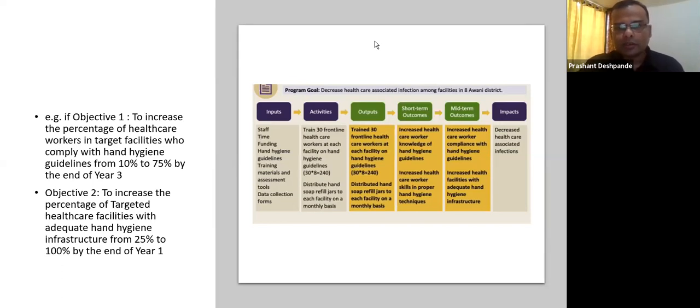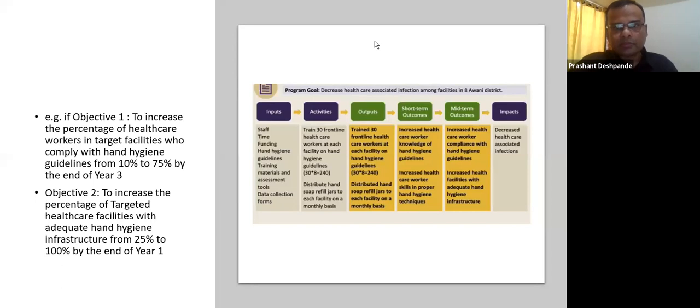Distributed soap refill jars. So will it go under objective 1 or objective 2? Yes. So Nazmin is saying 2. Because our objective is to equip those facilities with adequate hand hygiene infrastructure. Very good. Now, so outputs, what we have done, we have kept under objectives.